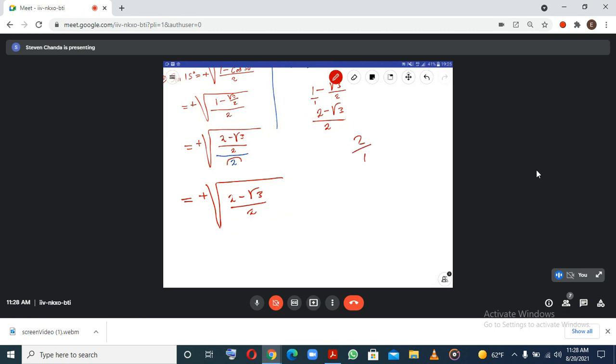When you do the reciprocal, it's going to be 1 over 2. So you multiply that, which is going to give you 2 minus 3 over 4.